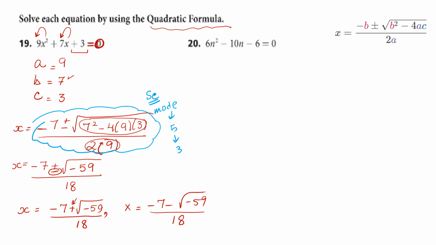So 9, then equal, then 7, then equal, and then 3, then equal. Again press the equal and you will get the first answer: x equals -7 plus square root of 59 i over 18. And the other value is x equals -7 minus square root of 59 i over 18. So this is how the calculator gives you the answer.